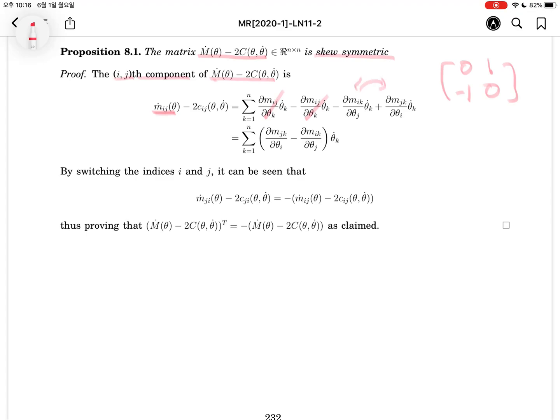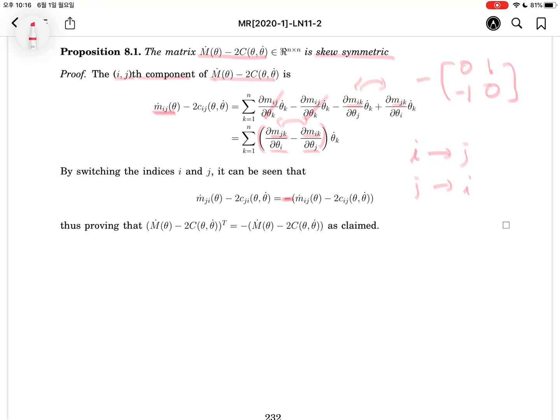If we exchange the positions of the elements, we get round m_jk over round theta i minus round m_ik over round theta j, and then theta dot k is multiplied. Here, if j is replaced with i, the two are exchanged with each other, so a negative sign is required.